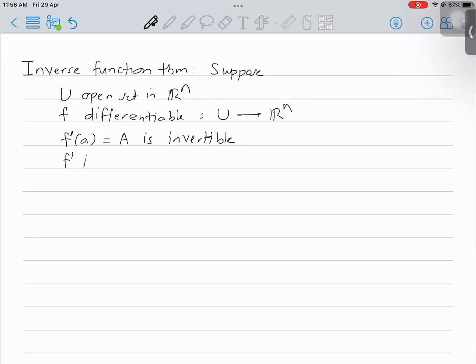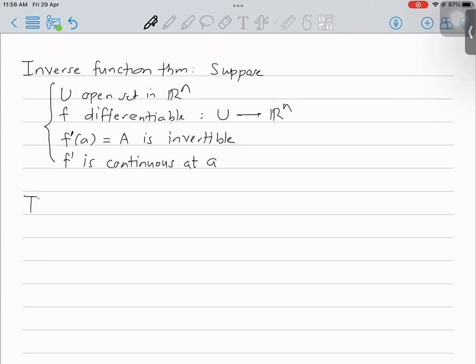And f prime, remember, is defined on all of U because f is differentiable. But I say that this function is also continuous at a. So all of this is given.